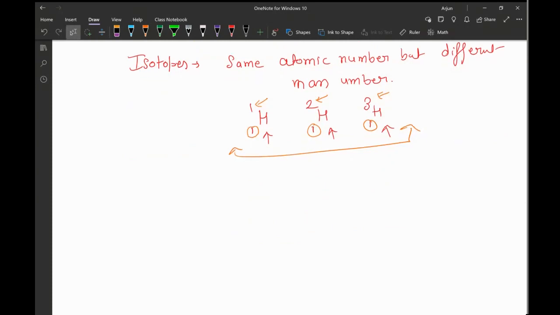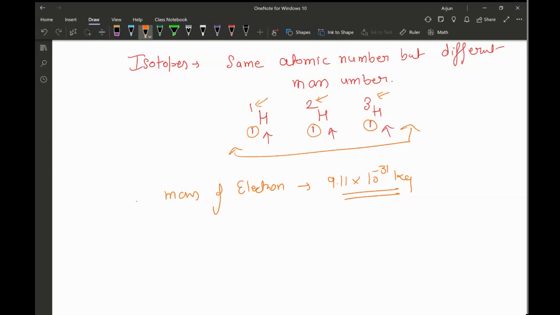Now, if I go back into the basics and look at the mass of an electron, the mass of electron is equal to 9.11 times 10 raised to the power negative 31 kg. Now if I look at this number, it is very small.